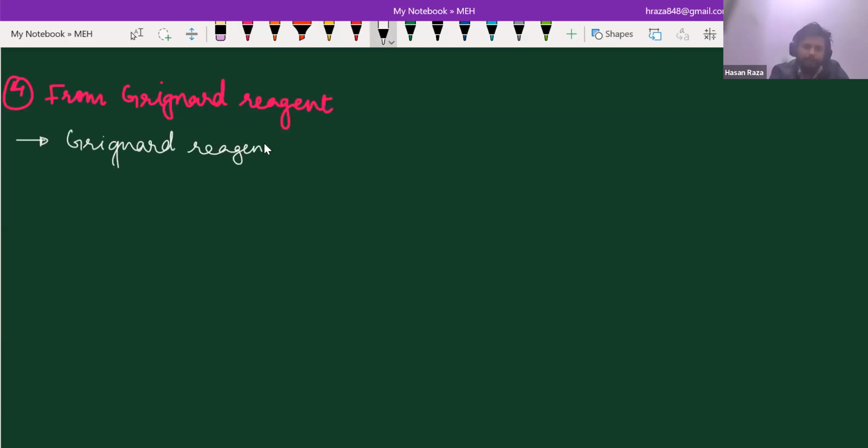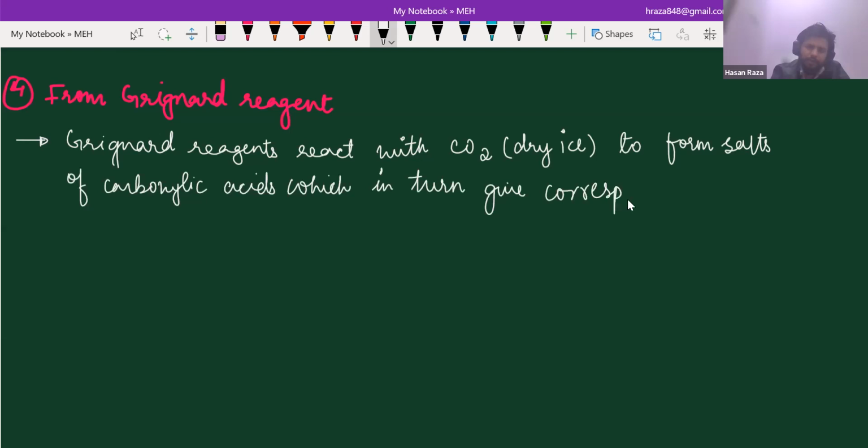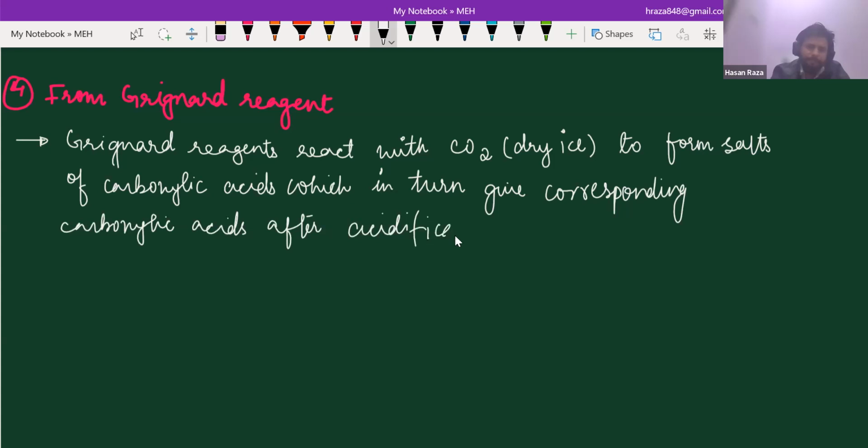Grignard reagents react with carbon dioxide, solid carbon dioxide, that is known as dry ice, to form salts of carboxylic acid, which in turn give the corresponding carboxylic acids after acidification with mineral acid.